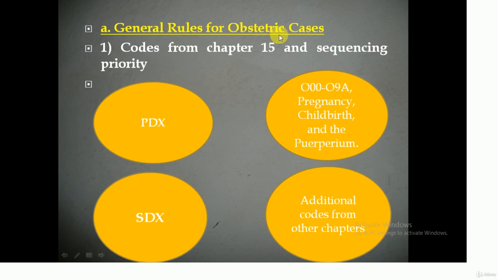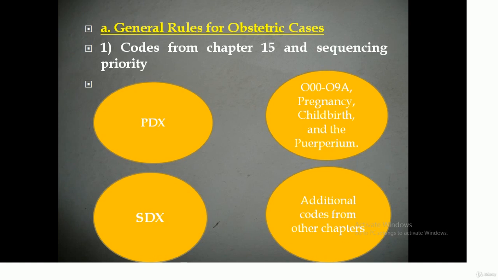General rules for obstetric cases, codes from chapter 15 and sequencing priority. So when we receive a medical report in which the patient is pregnant, we should not directly code the ICDs where the diagnosis is given by the physician. Suppose he is giving the diagnosis as dehydration, we should not directly code the dehydration.